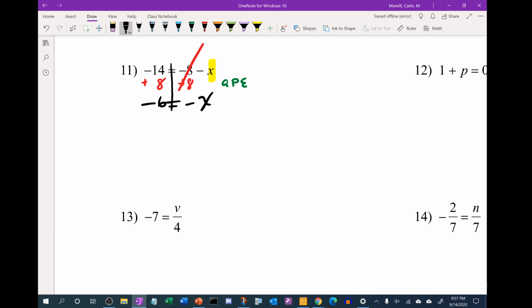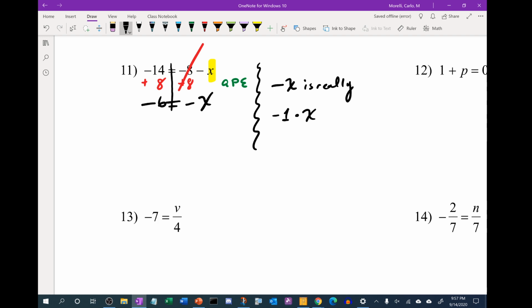Okay, so this is where I need to be very clear about something. Negative x is really negative 1 times x.